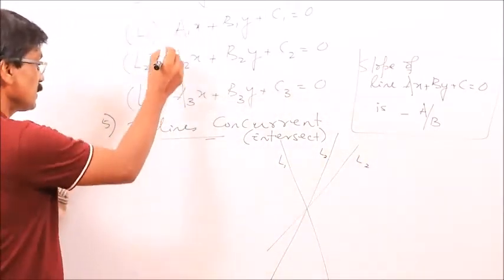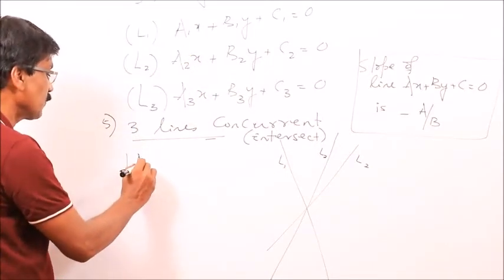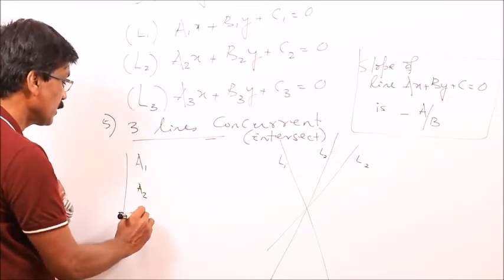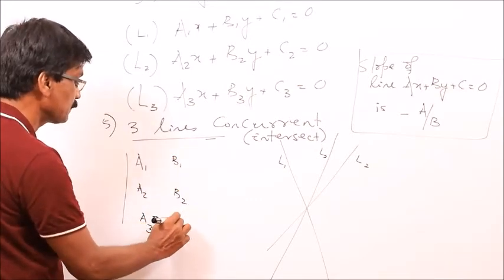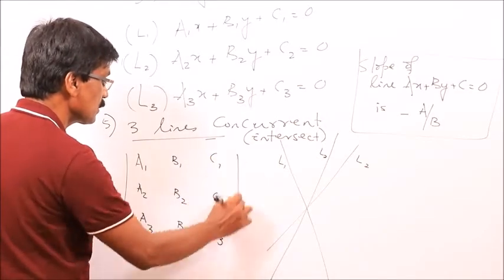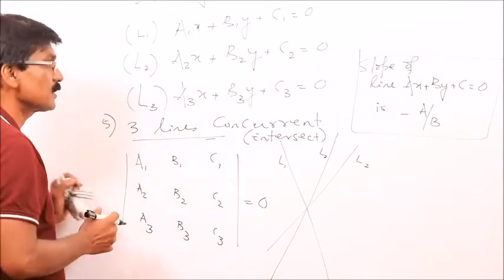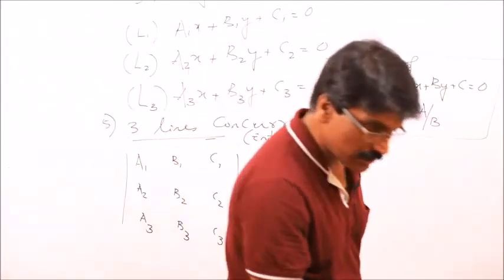So if three lines intersect each other, the condition is determinant of A1, A2, A3, B1, B2, B3, C1, C2, C3 is equal to 0. So this is the condition, that is 3 lines are concurrent.